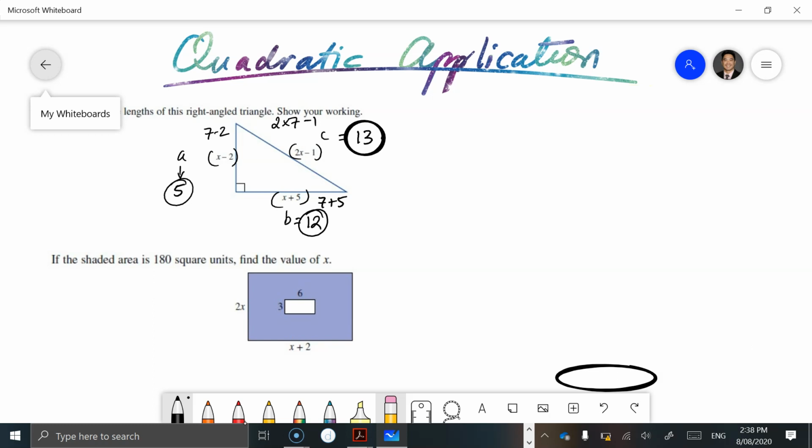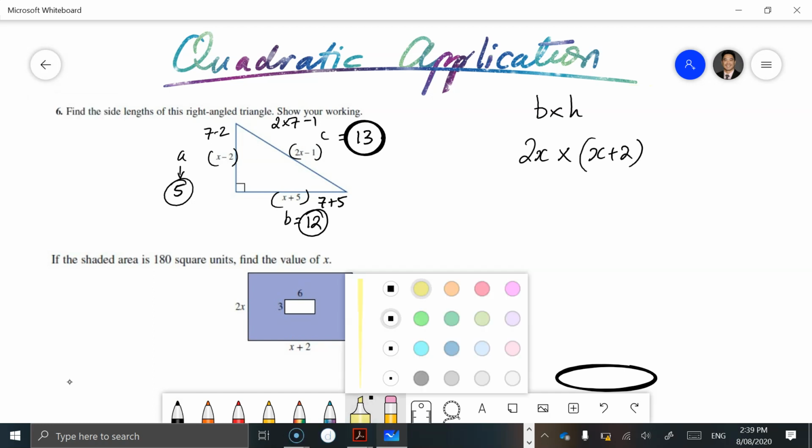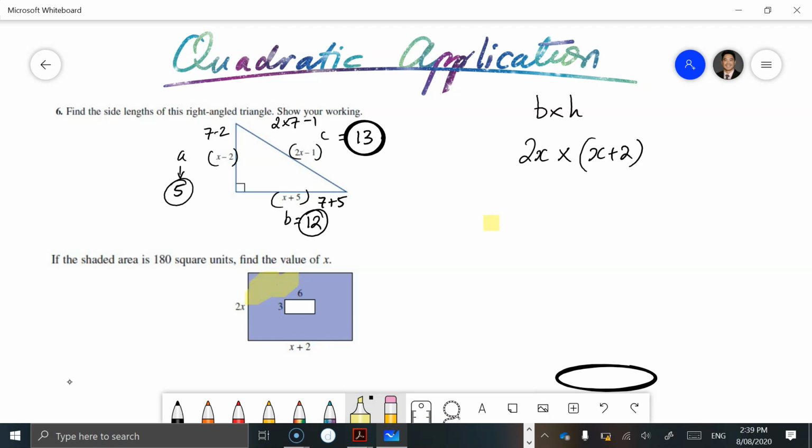Okay, we know that the area of a rectangle is base times height, so we have 2x times x plus 2, but what's going on here is that if we actually multiply that, we are getting the area of this full rectangle.